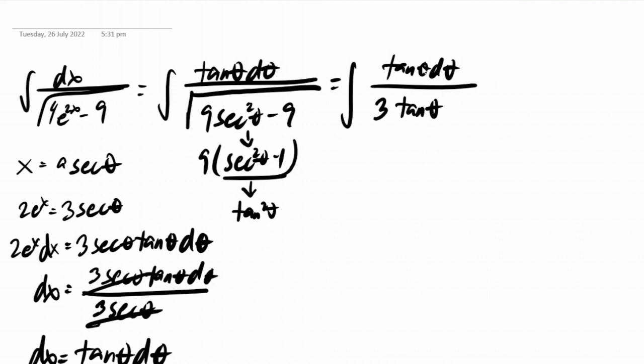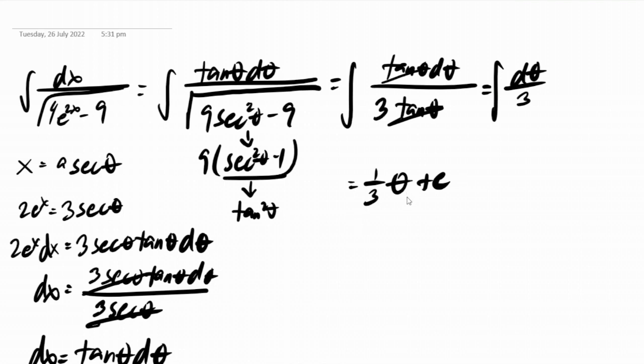So we cancel out tangent and tangent, and what we have left is just the integral of d theta over 3, and that is just 1/3 theta plus c.